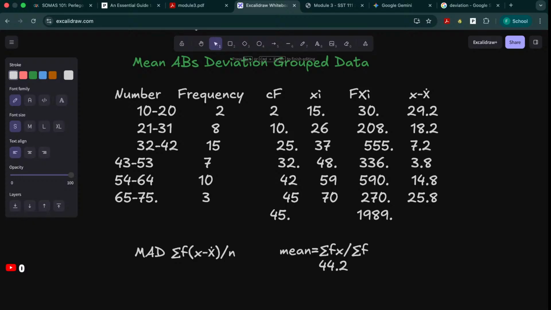So we add it. 18.2 plus 29.2, we should get 99.